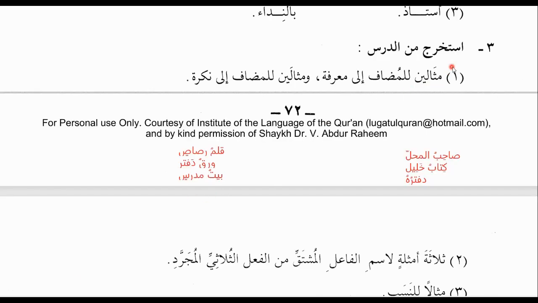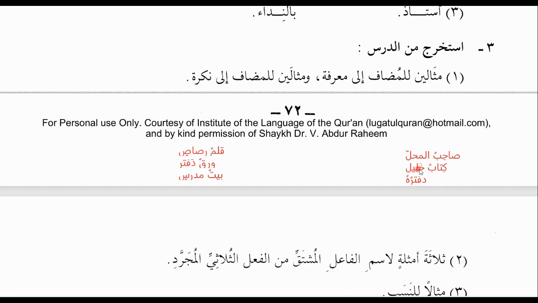So the question is istakhraj min ad-dars mithalain, which means you need to take out examples of mudaf ila marifa, those idafa constructions which are marifa, and examples of idafa constructions which are nakira. So I have given the answers here.